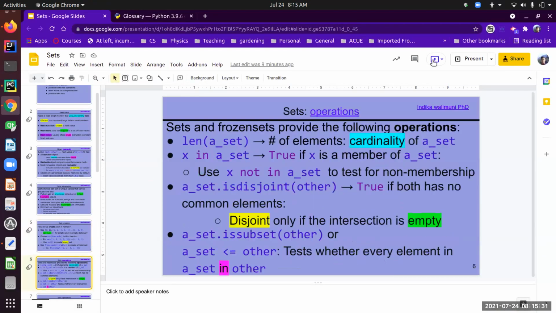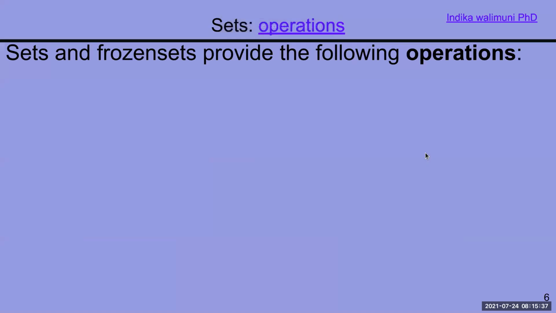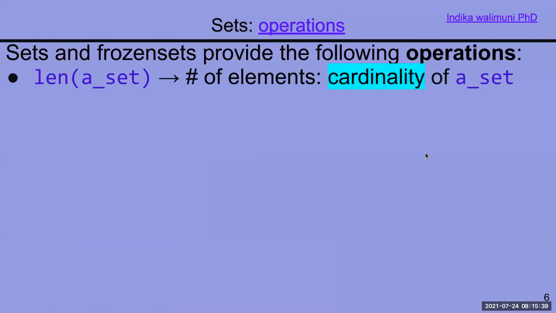All right. So let's go over set operations. Both set and frozenset provide the following operations that we're going to see now. First is the length.